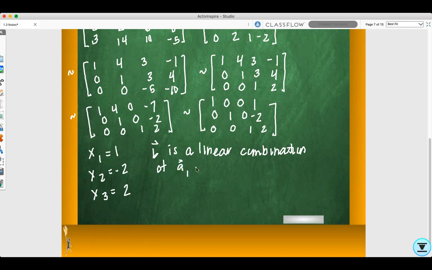So A1, A2, and A3, since I can write B as A1 minus 2A2 plus 2A3.